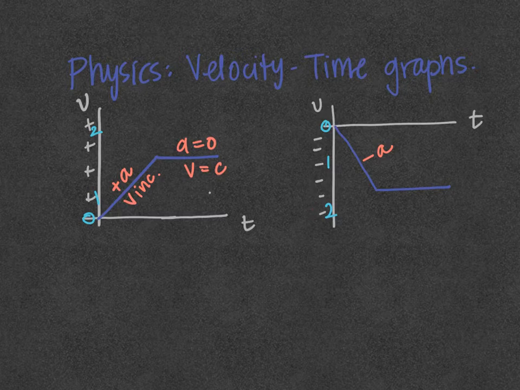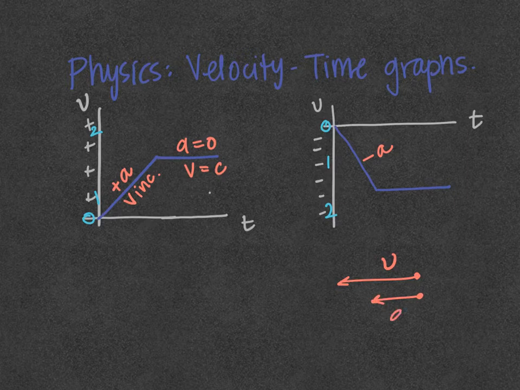So if I'm moving to the left and I also have an acceleration to the left in negative directions, these two arrows, which we use to define vectors. Remember, scalars are quantities that just give you the amount.